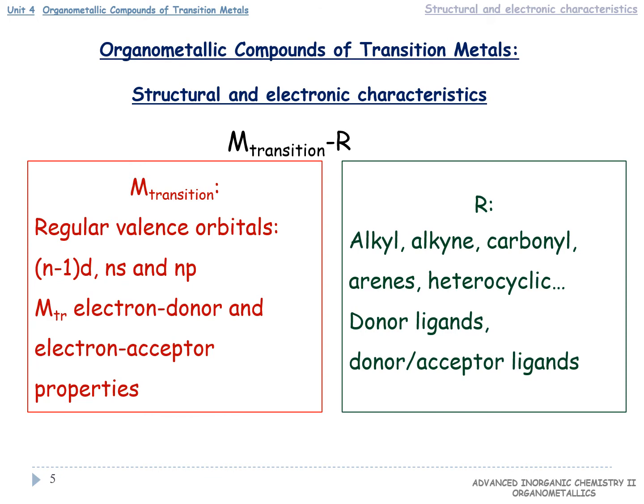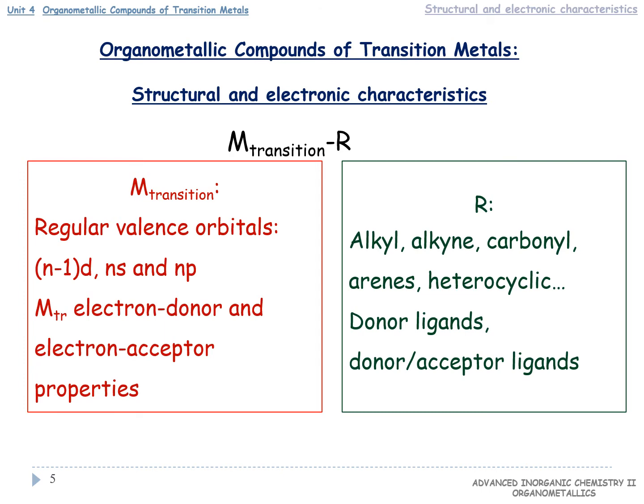The bonding in organometallic compounds of the S and P blocks is often relatively simple and normally is described by sigma bonds. The D metals, in contrast, form a large number of organometallic compounds with many different bonding modes.